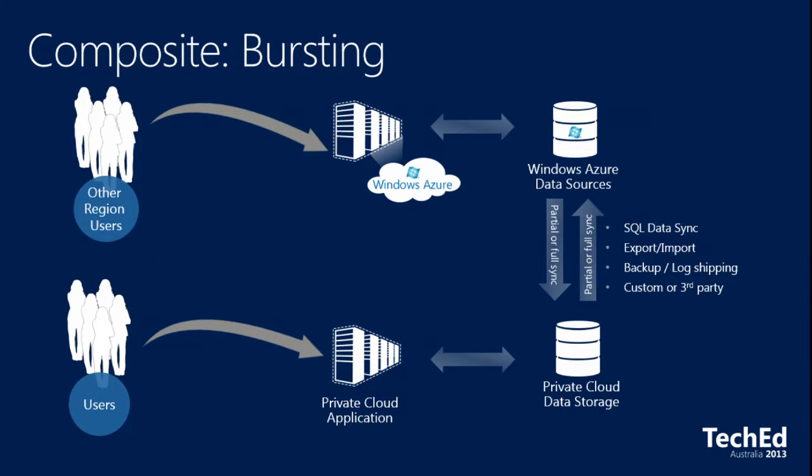So the other area you see bursting a lot is regional bursting. Right? I see this a lot, especially as we evolve our data center footprint across Asia. Yeah? And there are two models you see here. One is where I have a branch office that I want to host in another country, or if you're an ISV, it's a solution I want to host in another country to expand my business.